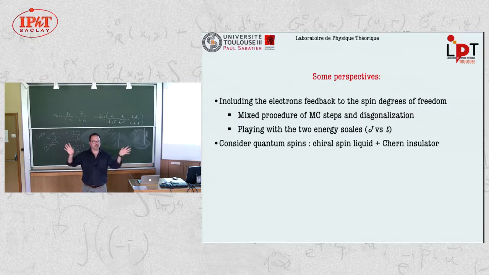You compute, for example, the spin expectation value of the electrons, and you put this back as a supplementary local magnetic field to your spins. You keep on with your Monte Carlo, you stop the Monte Carlo, re-diagonalize the electrons, you see what happens with the local magnetic field, and so on and so forth. And play with the different time scales for the feedback between the magnetic background and the electrons.